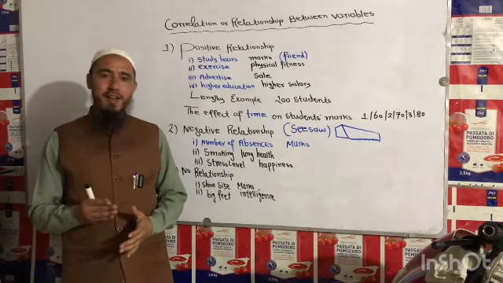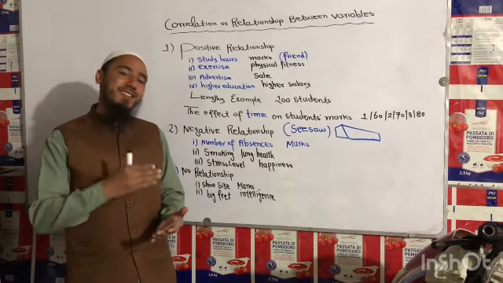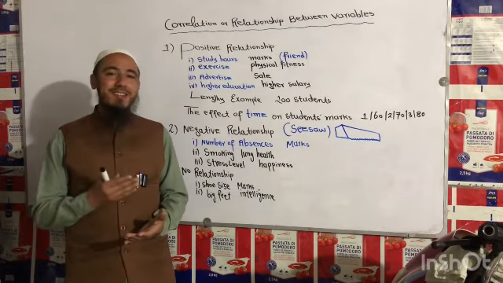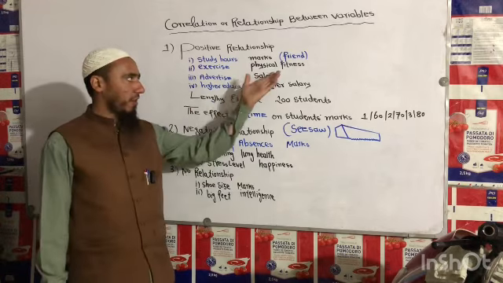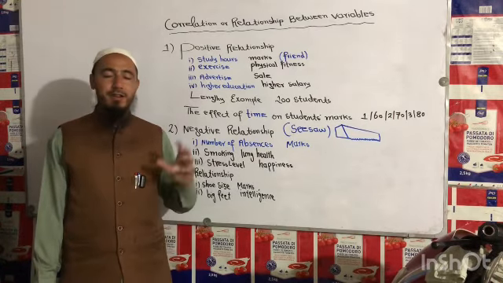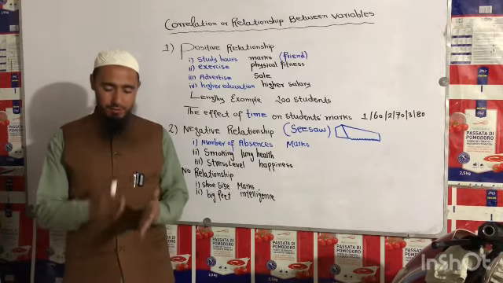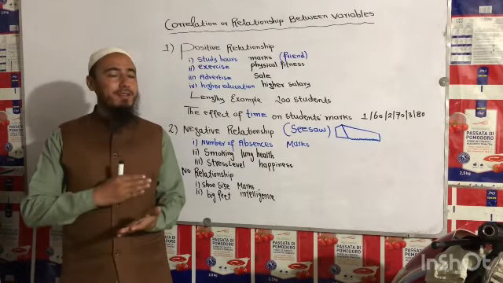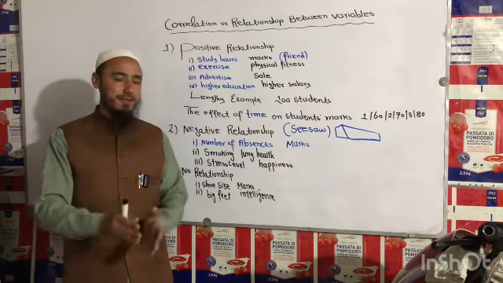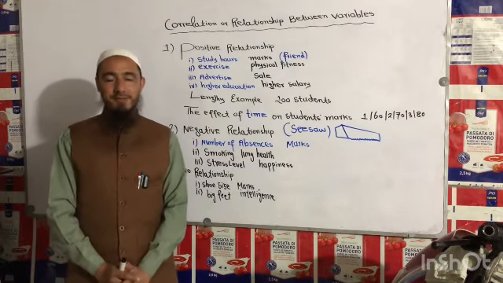But on the other hand, if he reduces that time, the physical fitness will definitely be affected and will also decrease. So if one increases, another increases. If one decreases, another also decreases. It means a positive relationship is there.